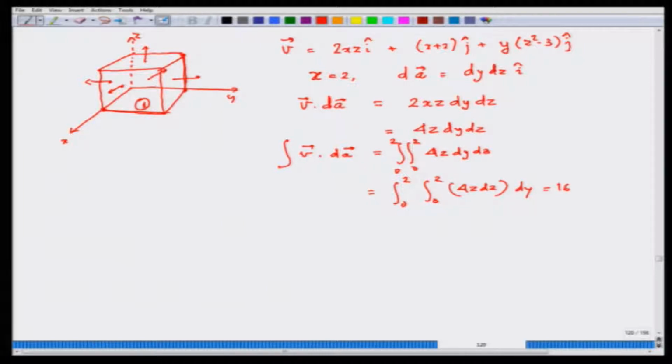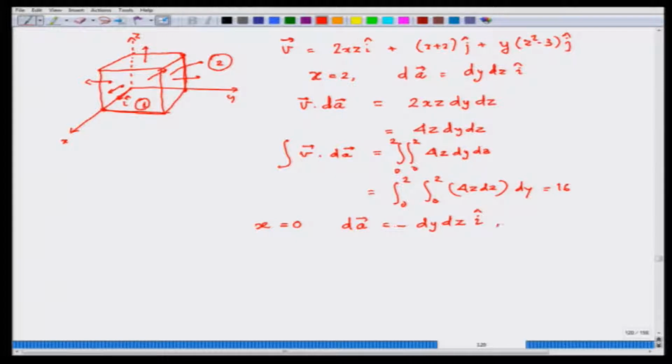Similarly, we go to the next one, just opposite to surface 1, the outer one, which we will call the second one. There you can observe that x is equal to 0, and dA vector is dy dz, but the direction is not along the i vector, it is opposite to the i vector, so there would be a minus sign.